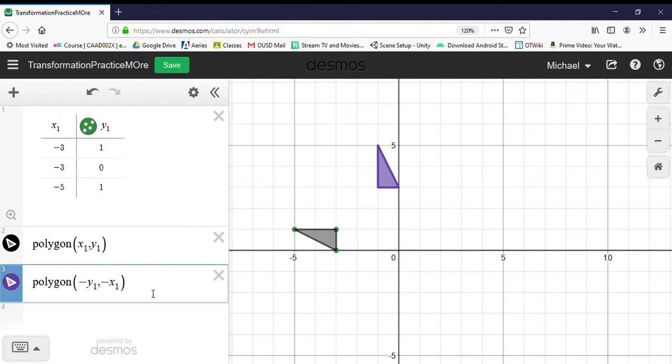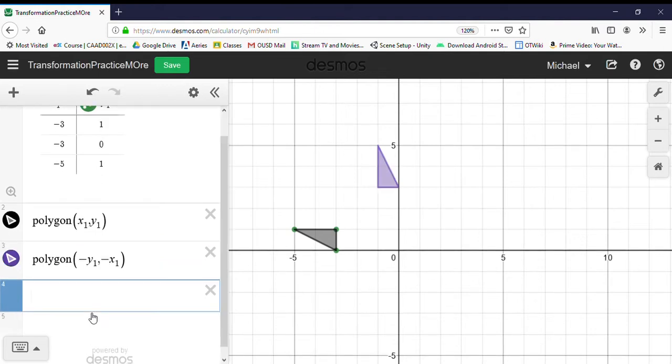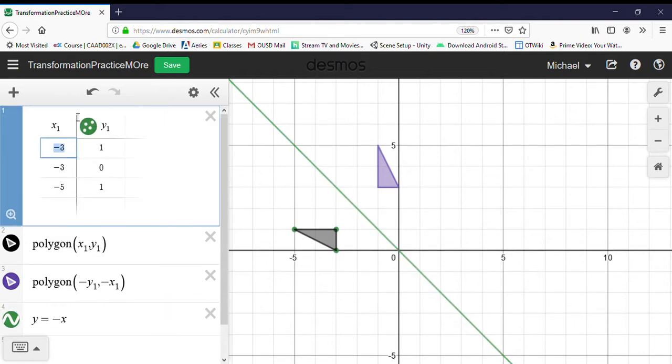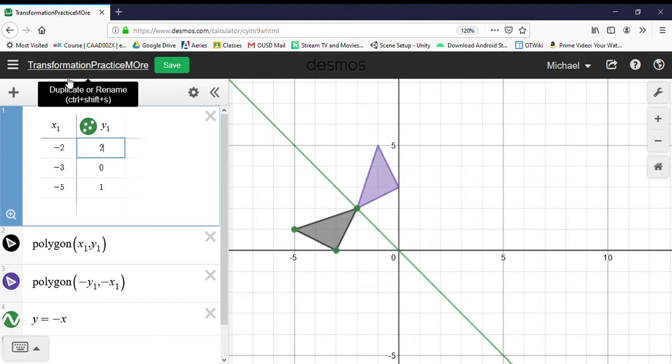Okay, this is a reflection across the line y equals negative x. So kind of same thing we had before, is these two things are across. Now, if this point had been on the line, it wouldn't have moved. So like at this point up here, if I made that negative 2, 2, you'll notice that point doesn't move because it's on the mirror.